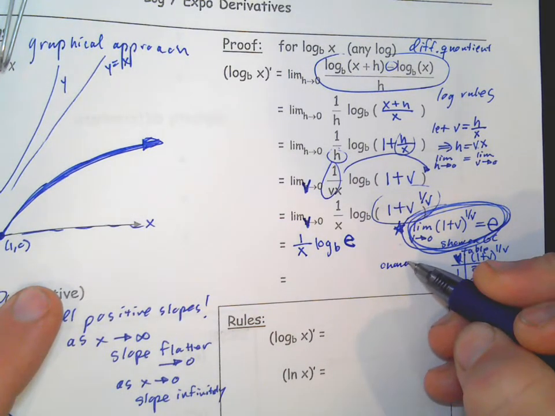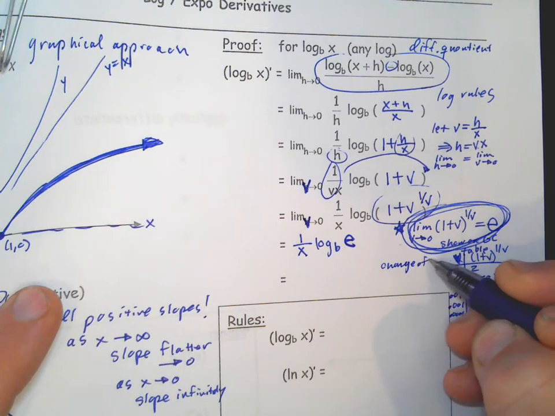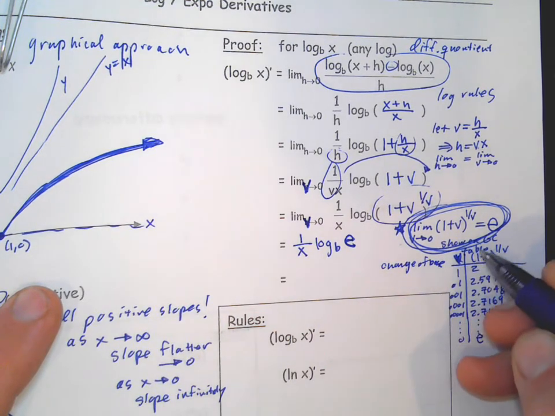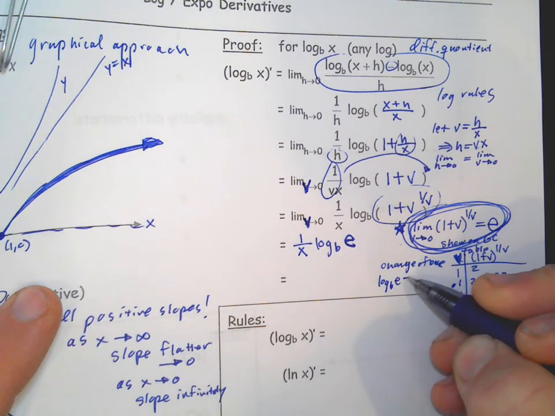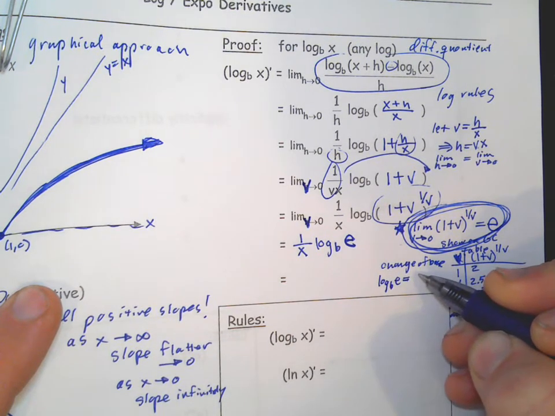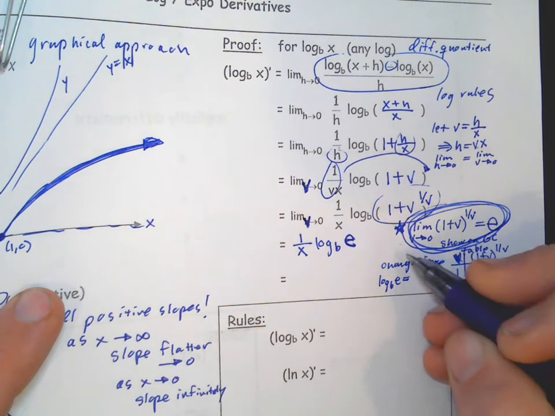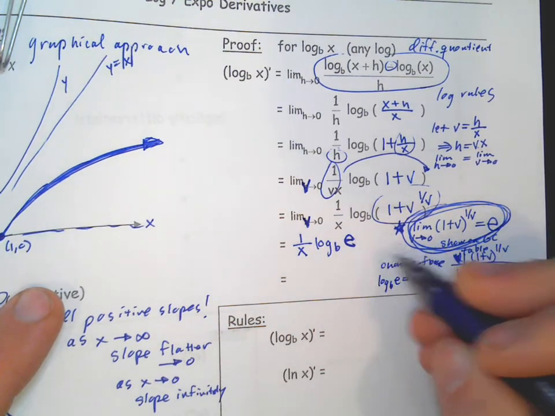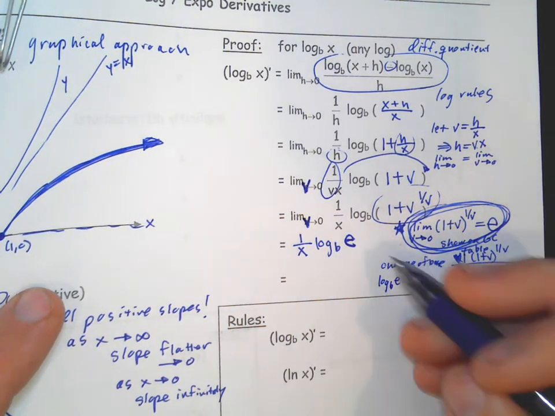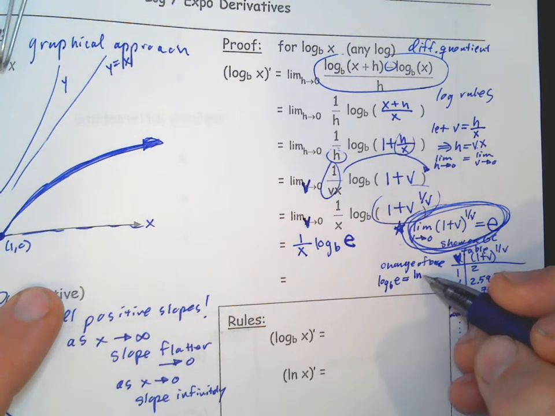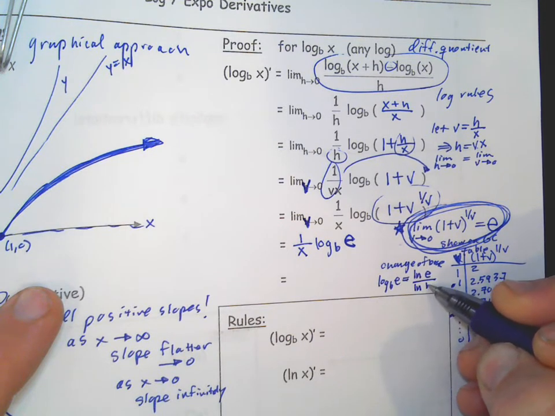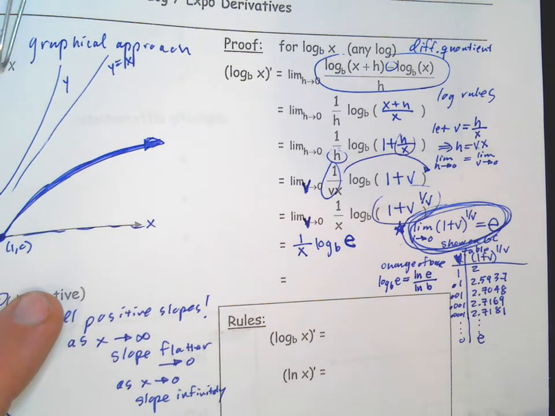Change of base lets you change a log from one base to any other base that you want. So log base b of e, I want to change it to natural log, base e, because I have an e in here. So it seems like it'll clean up nicely. We could do the new log of what was inside over the new log of what the old base was. That's the change of base formula.